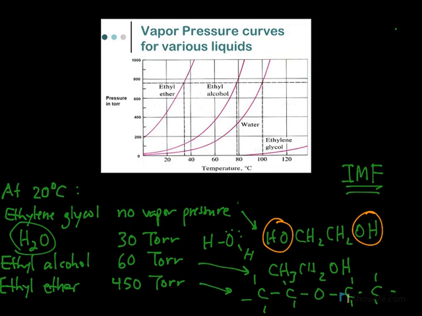Of course, water has hydrogen bonding. Ethyl alcohol has hydrogen bonding, but only in one area. And ethyl ether has no hydrogen bonding. It only has dipole-dipole. So we can see a trend here.